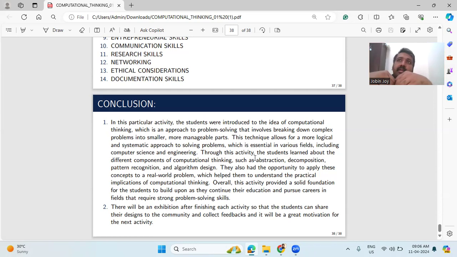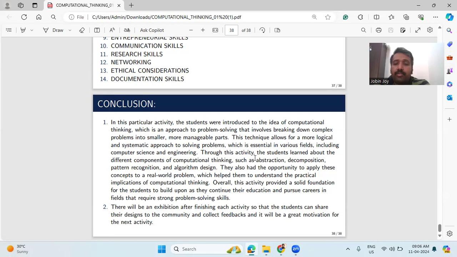Here in computational thinking, the aim is to break down the problem into manageable parts. This technique allows for a more logical and systematic approach to solving problems, which is essential in various fields, including computer science and engineering. Through this activity, the students learned about the different components of computational thinking, such as abstraction, decomposition, pattern recognition, and algorithm design.